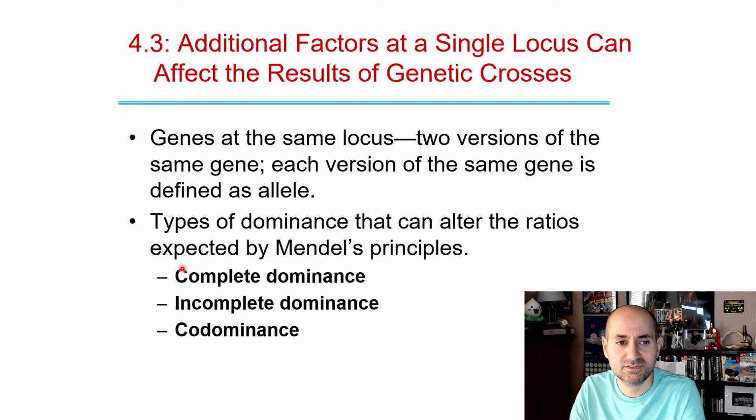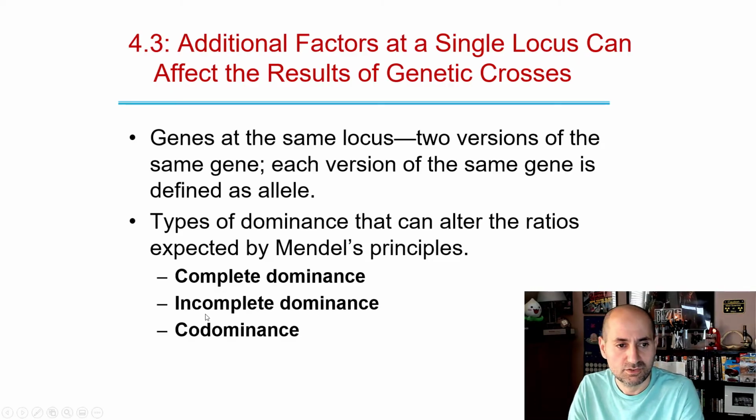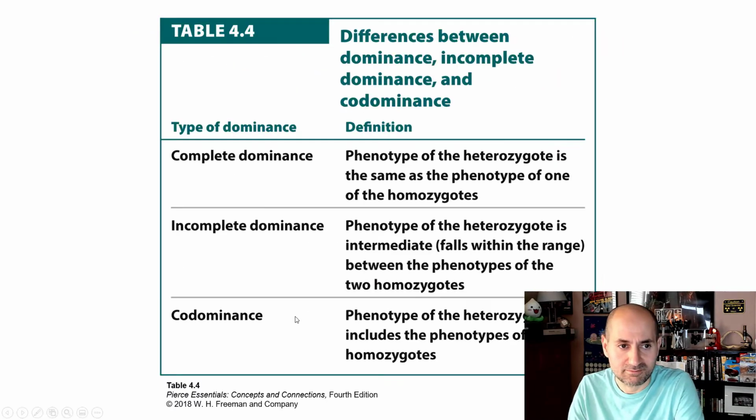What Mendel was studying in his monohybrid and dihybrid crosses would be complete dominance. You have one trait that completely masks another. But you can also have incidents of incomplete dominance and codominance, and this can confuse the pattern of heredity that you can see. So let's explore this.